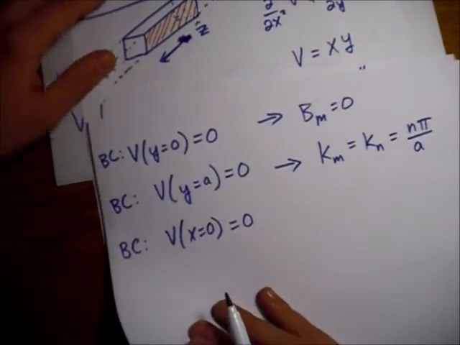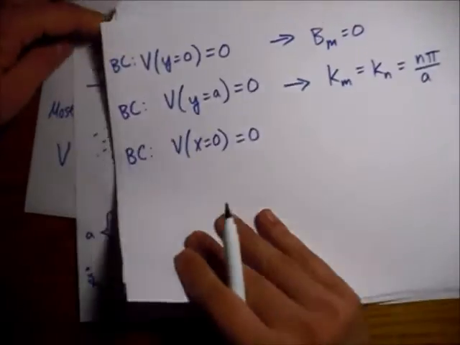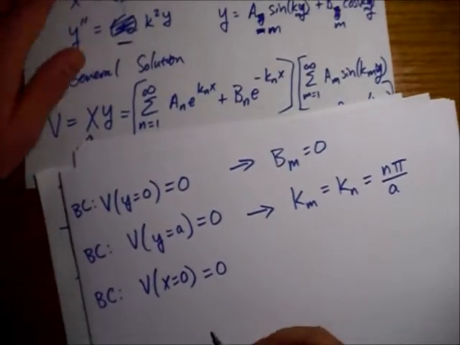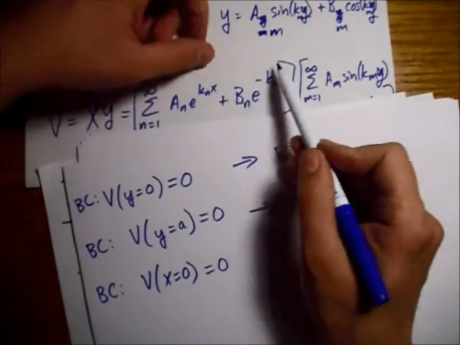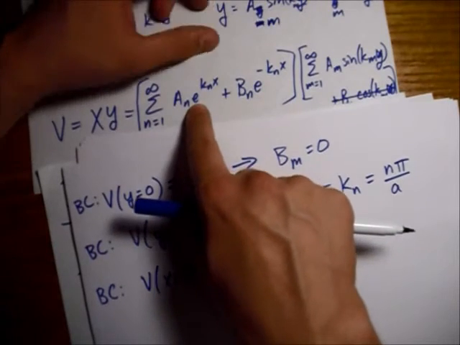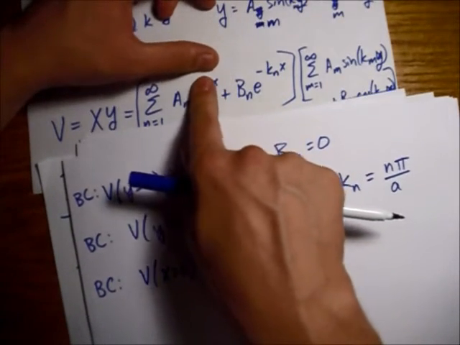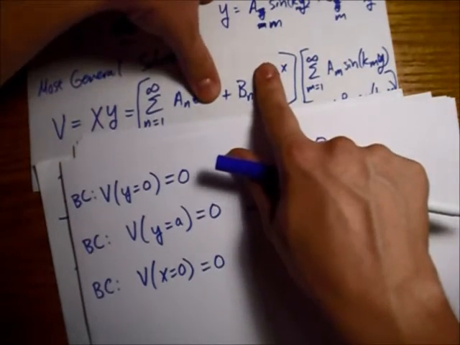And so what can this tell us? Well, if we plug in x equals 0 into these exponentials, an exponential with 0 up in the exponent is just 1. So these will both go to 1.